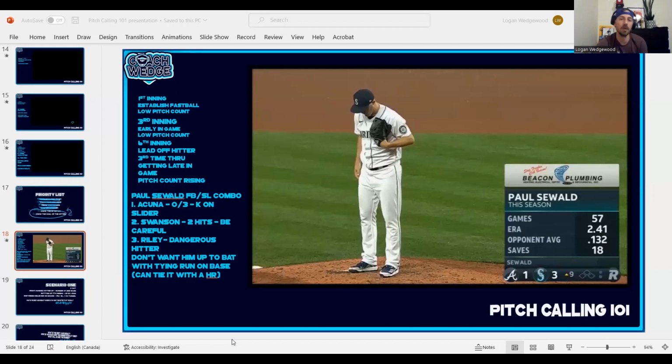Sewald versus Riley. We got a 1-2 count. A lot of fastballs.